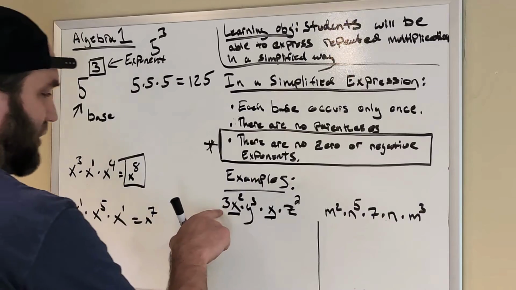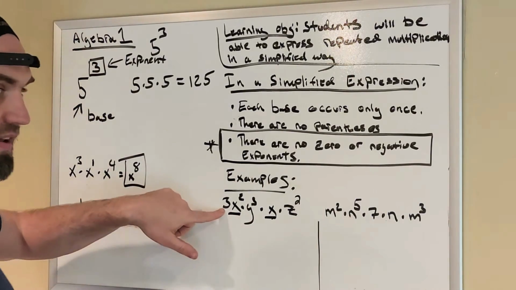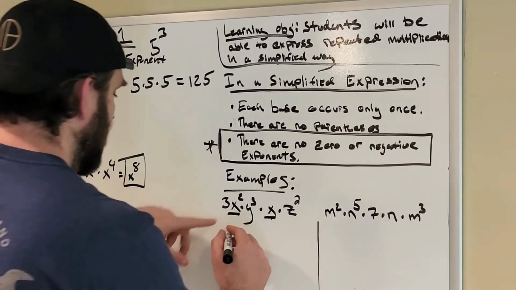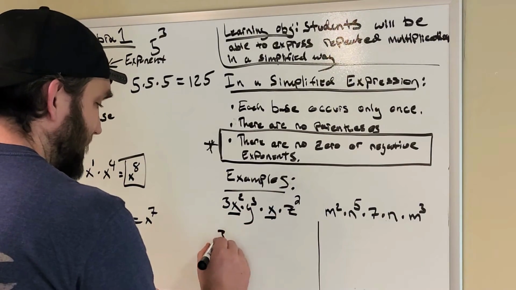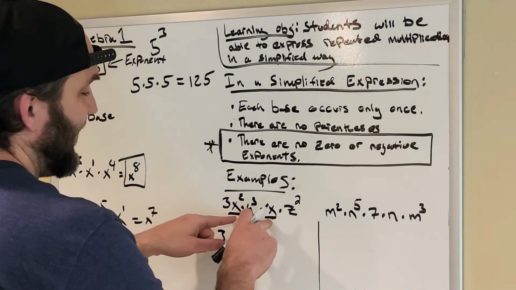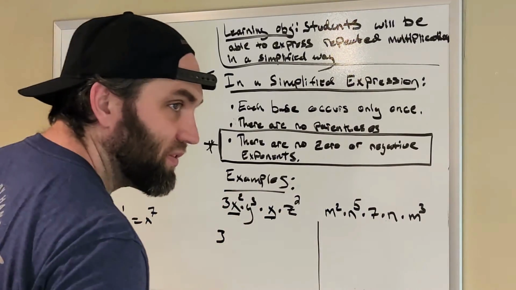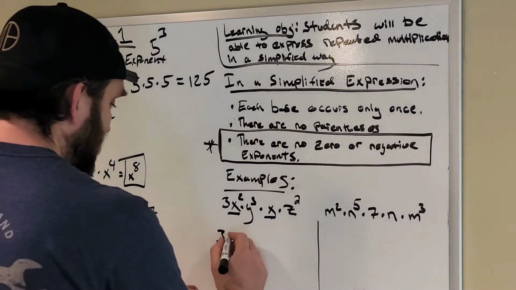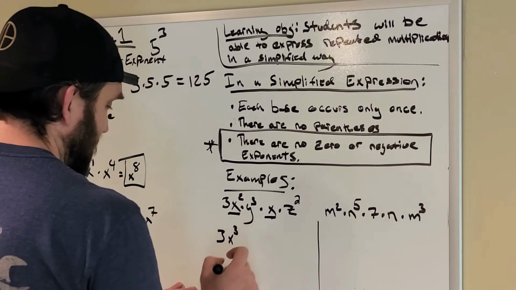So, I'm going to start with my constant, and I have a 3. Are there any other constants in here? Nope, there are no other constants here. So I'm just going to bring the 3 down because the 3 is going to be in front of everything. Then I'm going to say I have an x squared and an x. I add the exponents together there. X squared is 2, x is 1, so I go 2 plus 1, x to the third.